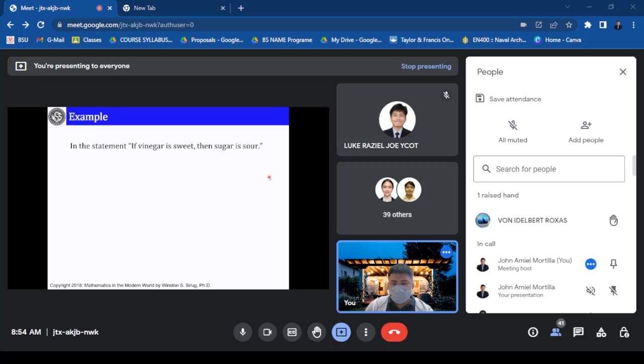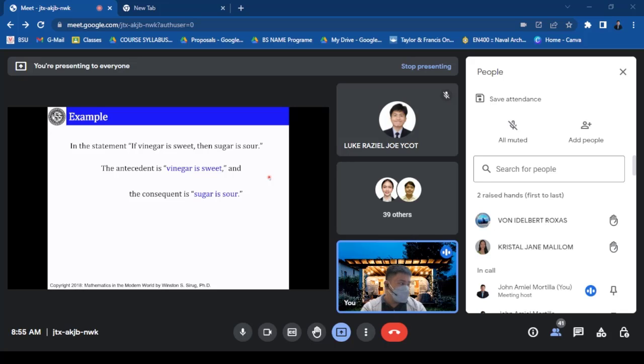So example, in the statement, if vinegar is sweet, then sugar is sour. The antecedent is vinegar is sweet, and the consequent is sugar is sour. So, is vinegar sweet? Tunay ba yun? Diba? Hindi naman.